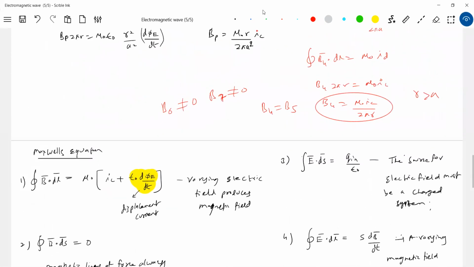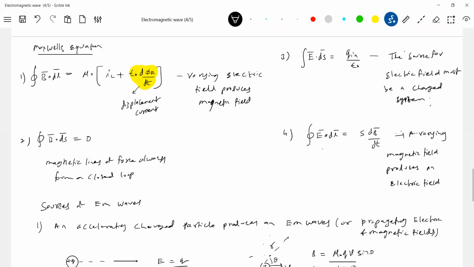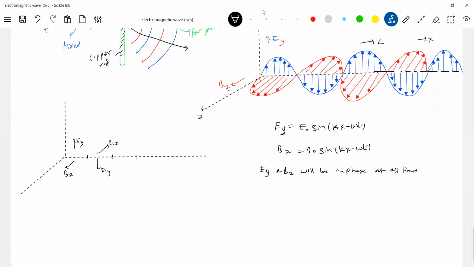Varying electric field produces magnetic field. Varying magnetic field produces electric field. Got the idea? This is how it propagates. Next, after this again, this varying magnetic field, what does it do? It will produce an electric field here, E2Y. I'll give color so that it will be easy for everyone.